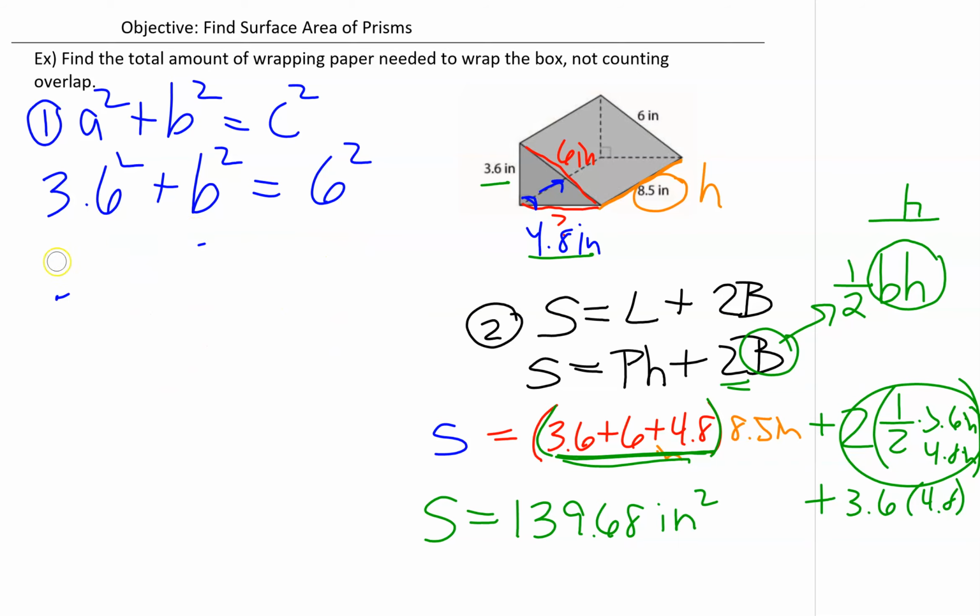I'm just clearing out some space here so I can write my conclusion. All right, so our conclusion, remember we were finding the total amount of wrapping paper needed to wrap the box that does not count any overlap.